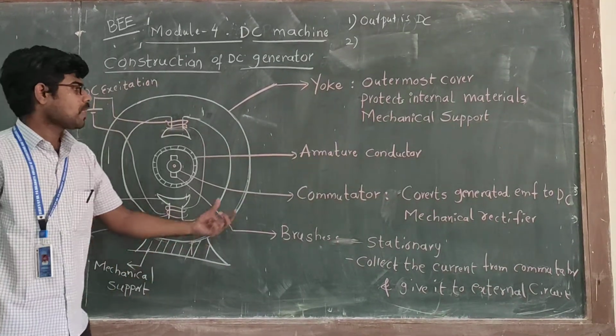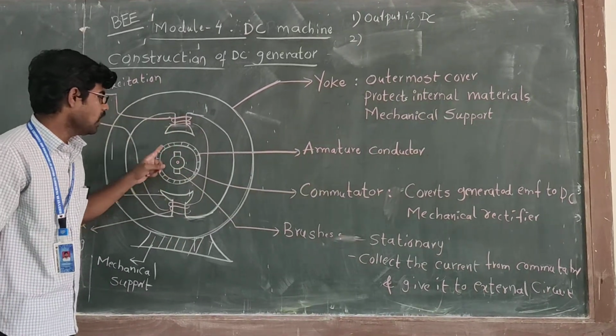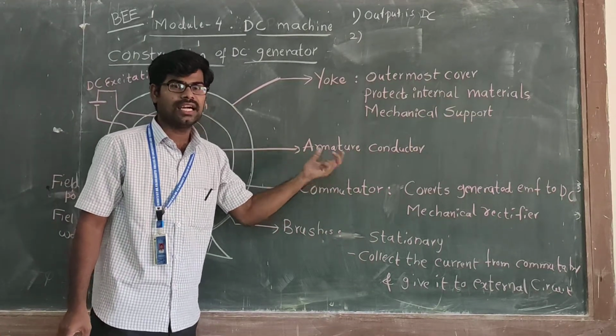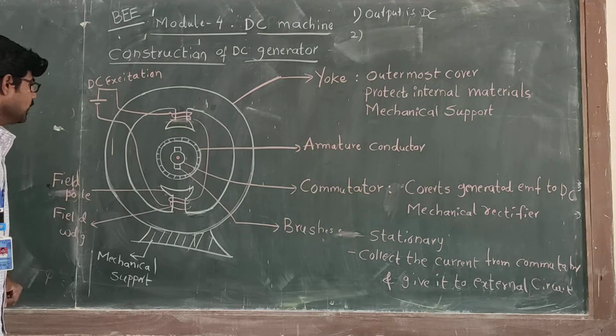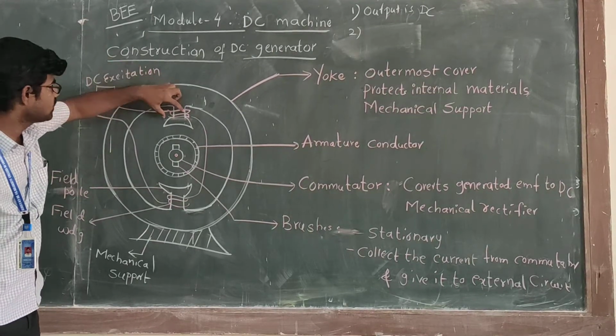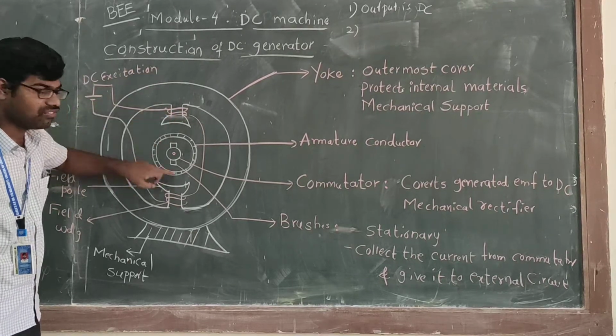Next we have the armature conductors, which are present in the armature and collect the current. Next we have the DC excitation, which is given on the field poles.